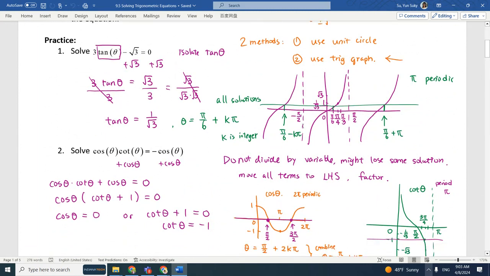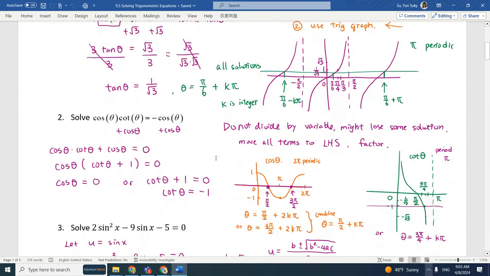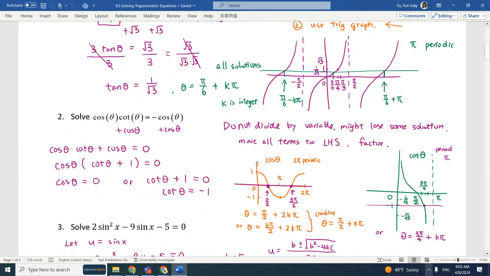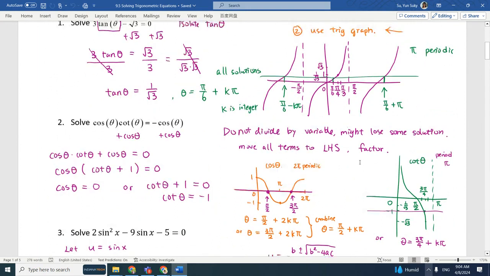Be familiar with the shapes of all the trig graphs. If the problem asks you to find all the solutions, remember for sine, cosine, secant, cosecant, the period is 2 pi, and for tangent and cotangent, the period is pi. Is that okay, everybody?